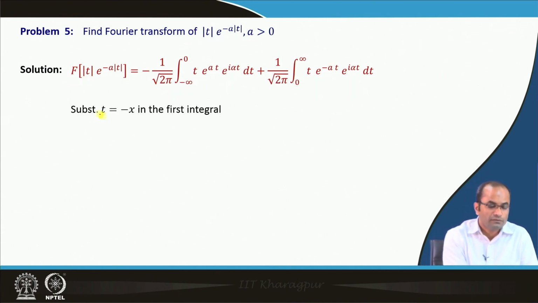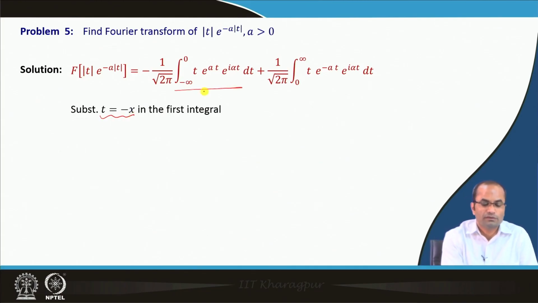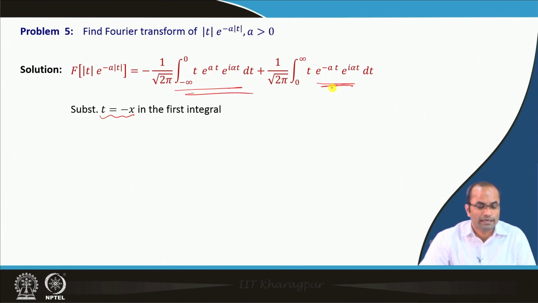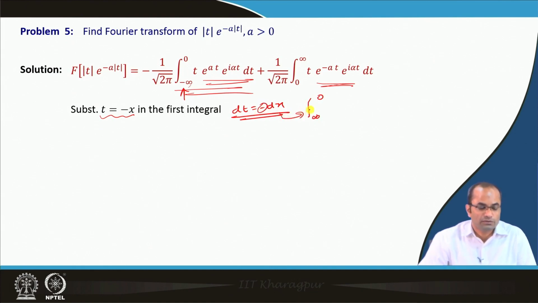So, having this, now we will just substitute t equal to minus x in the first one to make a similar integral again. So, when t is minus x, the limits will become infinity to 0 in this first case, and then some more changes will happen to the integrand, and also the dt will be minus dx. So, there will be another minus there, but then here we have the limits are now infinity to 0, but with this minus we can replace again 0 to infinity.